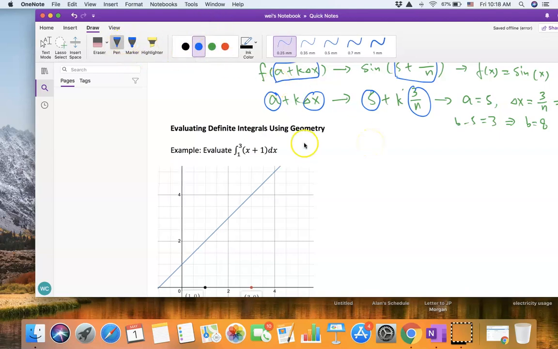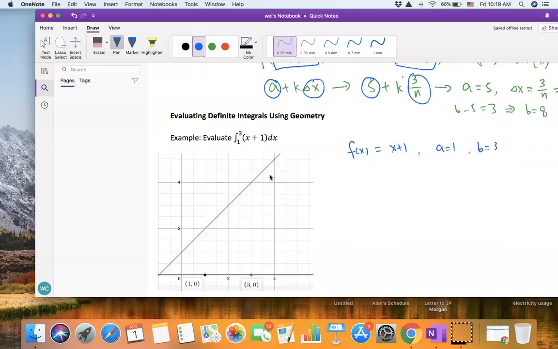So here the function f(x) is x plus 1, and a equals 1 and b equals 3. If we graph this function, it will be a straight line, right?